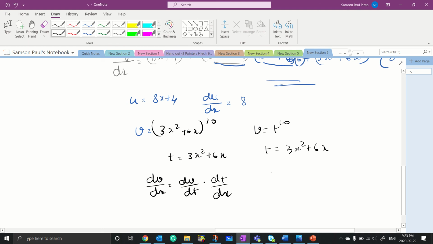Let me quickly solve: dv by dt is 10 t power 9, and dt by dx is 6x plus 6, into differentiation of 6x plus 6, which is again 6. There is a function hidden here, don't forget to differentiate that too. Now let us solve this problem.